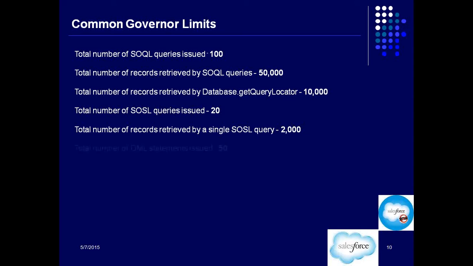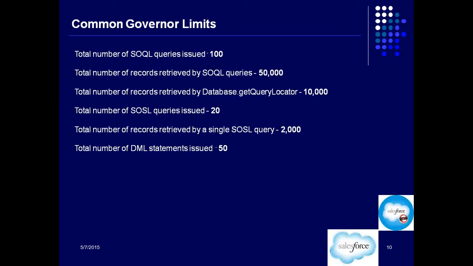The total number of DML statements issued is not 50, it's actually 150, sorry. So the total number of DML statements which can be issued inside a transaction is 150 maximum. Not more than 150 DML statements can execute within one transaction.